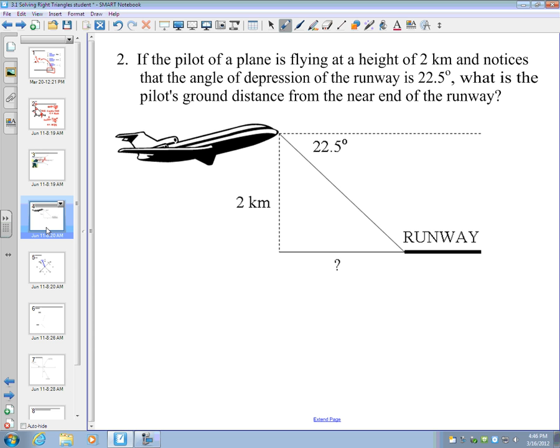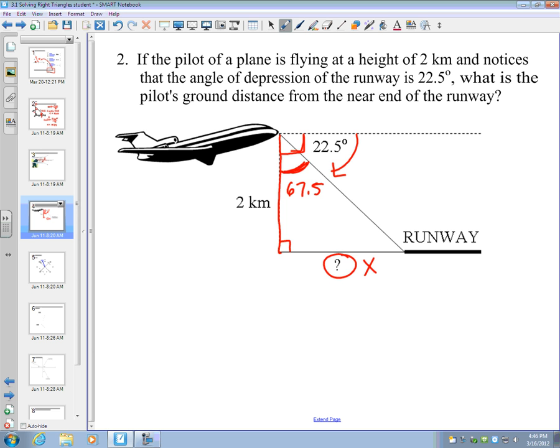So angle of depression is measured this way. And now we can create a triangle. We said we're 2 kilometers from the ground. This is a right angle. This is also a right angle. So I can figure out what angle is missing right here. And that angle is going to be 67.5. What I did is I said 90 minus 22.5. And what I really want to know is this right here.